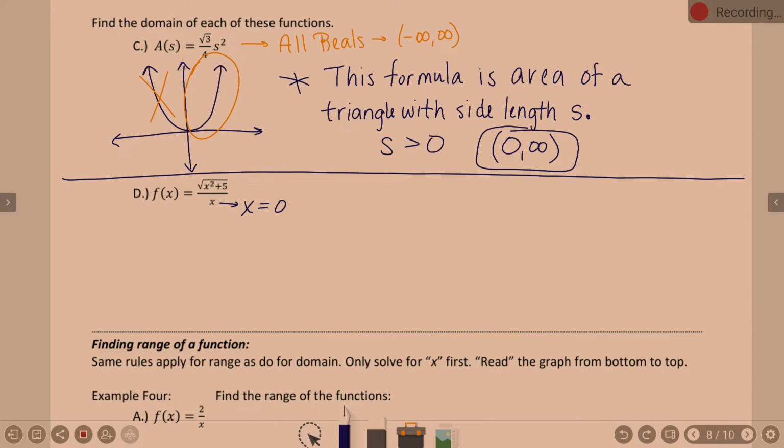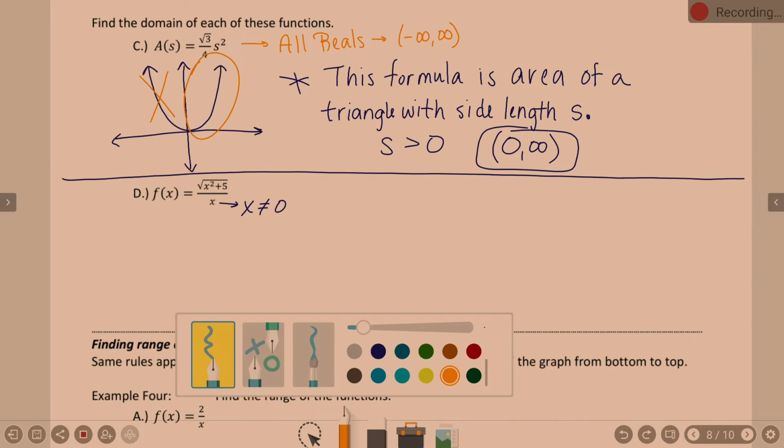Normally I would say solve, but x equals 0 is the solving. What this is saying is that whatever's in the denominator, x cannot equal 0. So whatever my domain ends up being, 0 will be excluded. That's what I know so far.